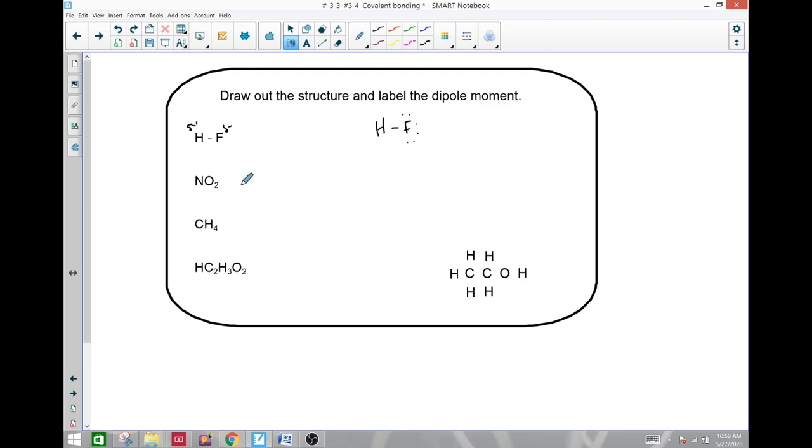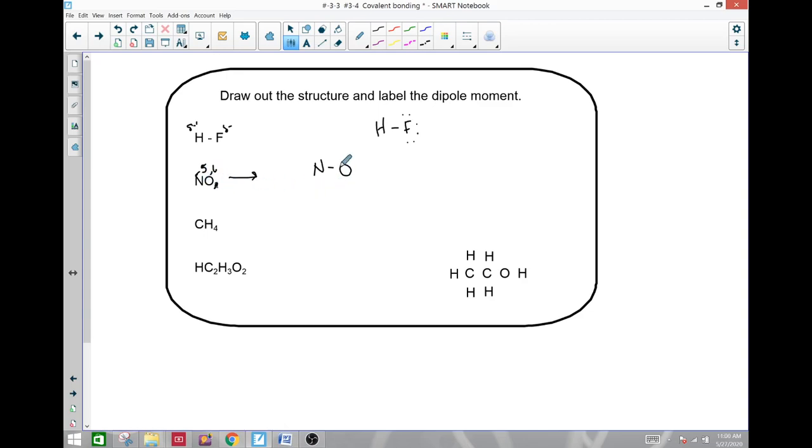NO2, nitrogen dioxide. Now this one here, there's a typo on this one, so let's go nitrogen monoxide. I'll change that up. This is one of the products of engine combustion. So, nitrogen, oxygen. 5 for nitrogen, 6 for oxygen, getting a little negative here.